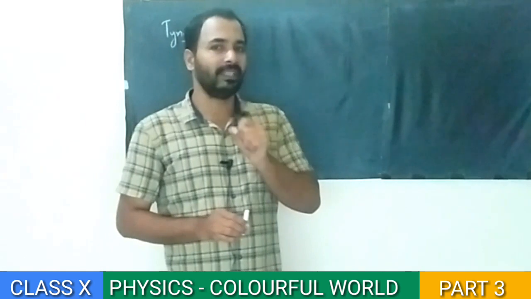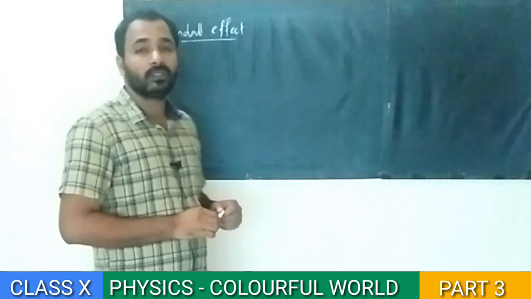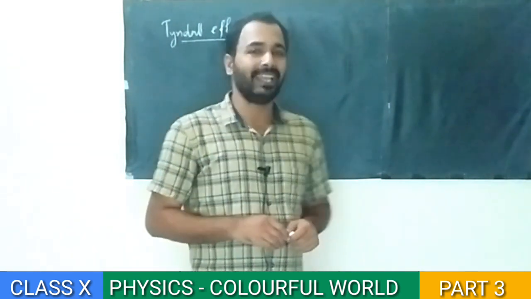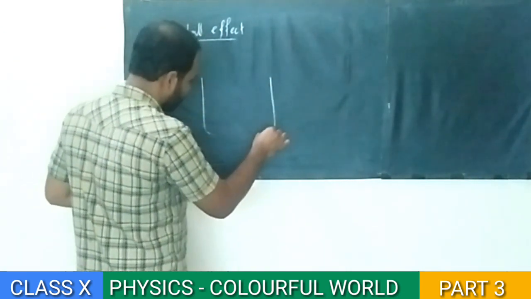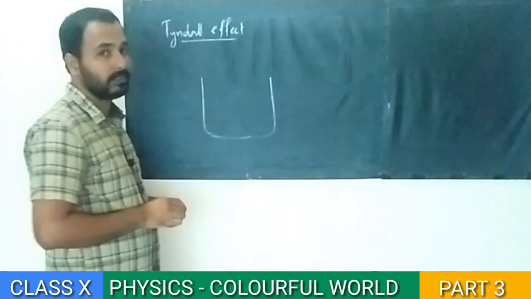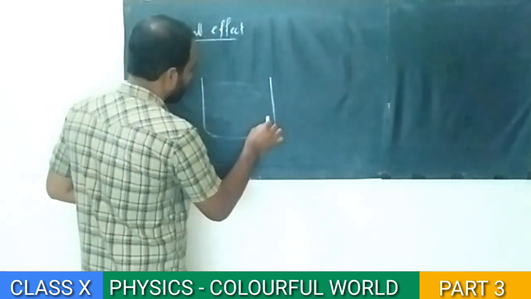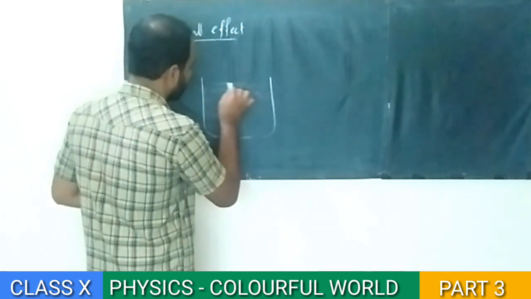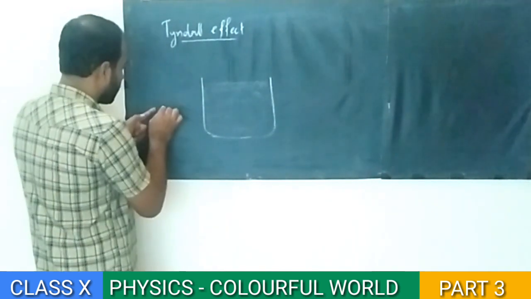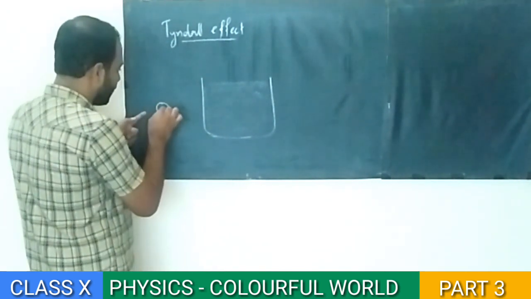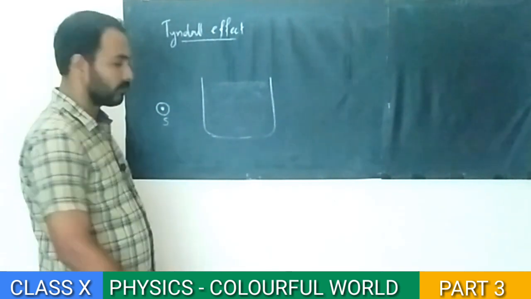Okay, we can explain an activity for the scattering of light. First we take a beaker filled with fresh water, 2 liters of fresh water. Here is a source of light.